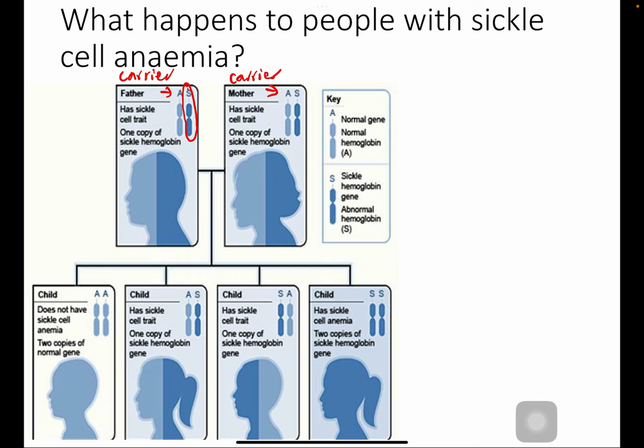And looking at this family three over here, there is a 1 in 4 chance, 25% chance, of the child suffering from sickle cell anemia, 50% chance of the child being a carrier, so they must be very careful when they have children, and there is a one quarter chance, 25% chance, of having a normal healthy child.